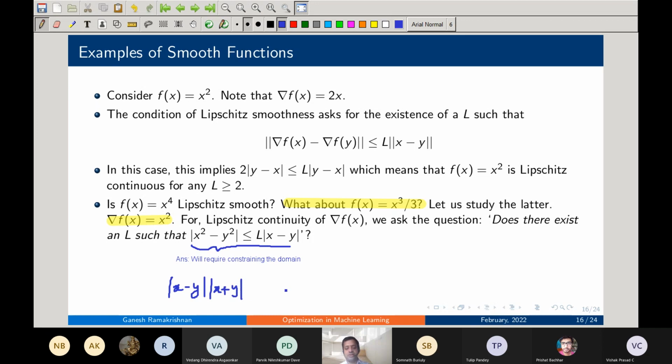This is basically the absolute value of x square minus y square, which is the absolute value of x minus y times x plus y. So the question is, for what values is this less than or equal to L times x minus y?